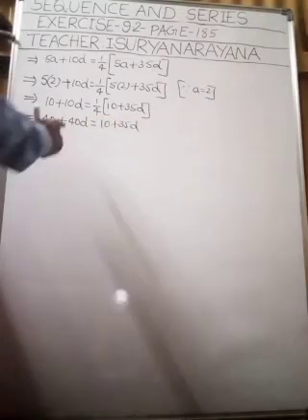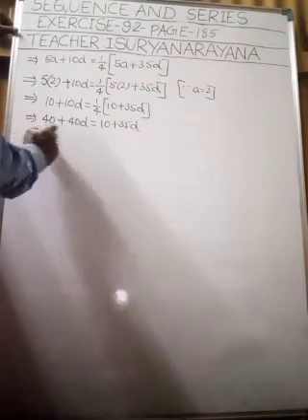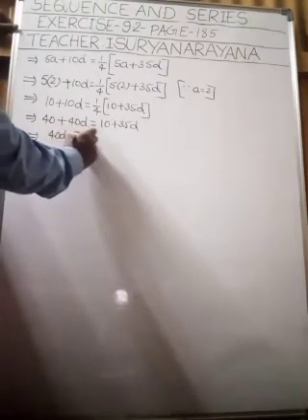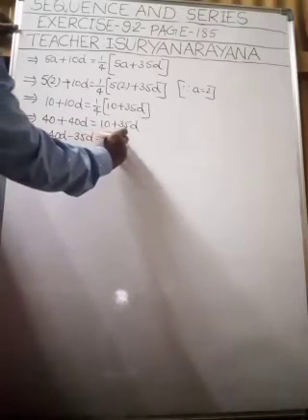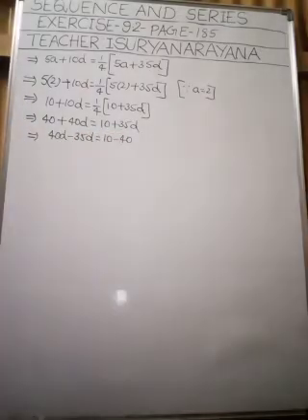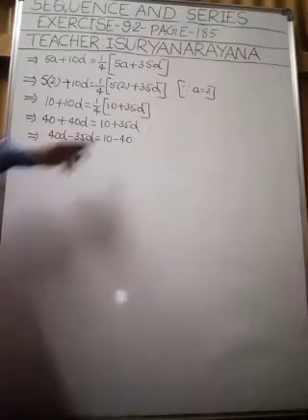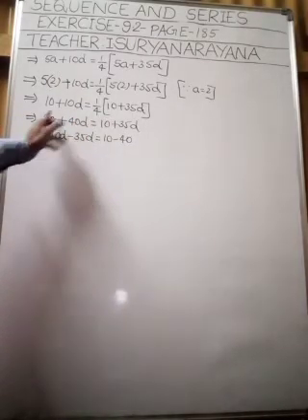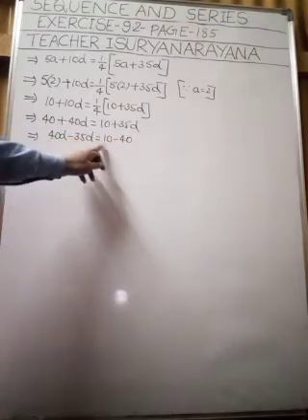Okay, my children, understood this step? Right. This implies 40D minus 35D is equal to 10 minus 40. I transposed this 35D to LHS and the 40 to RHS. Then we got this step.